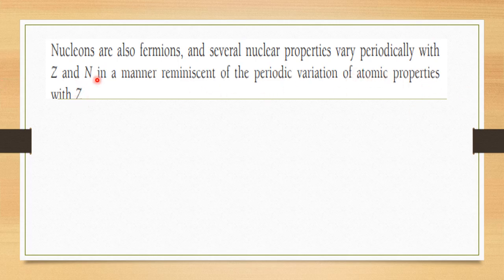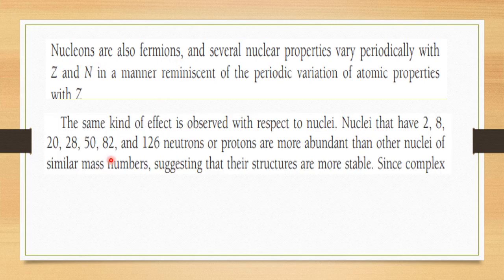Similarly, Z and N could account for the nuclear properties also, since like electrons, nucleons are also fermions.